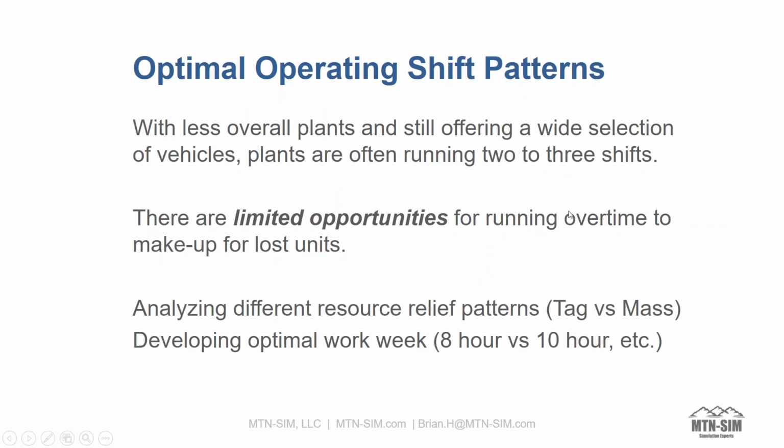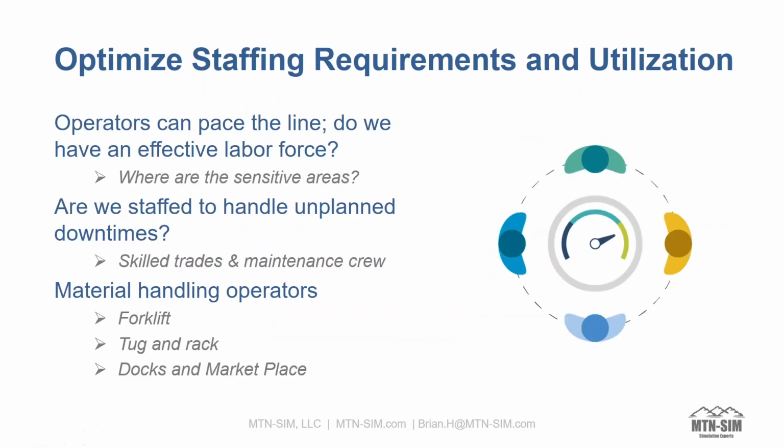So once we do have the facility up and running, and we're looking at achieving our overall throughput targets, we want to look at our operating patterns. Are we going to be running this facility within 8 hours? Are we going to be looking at 10-hour shifts?